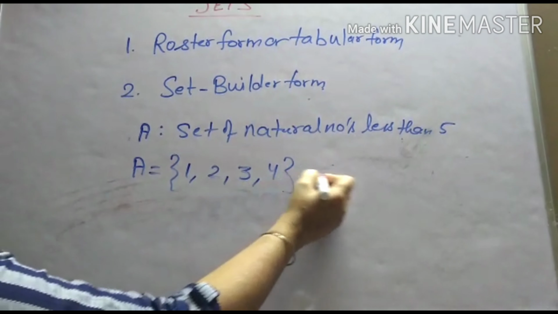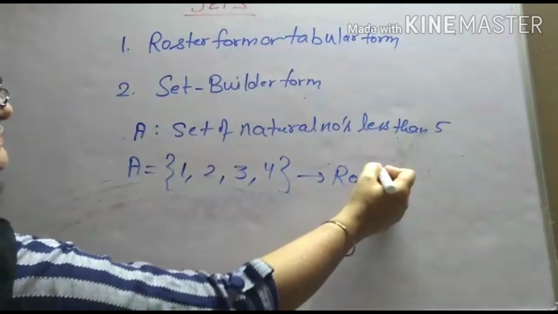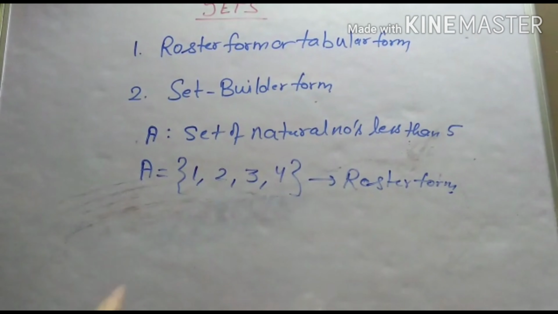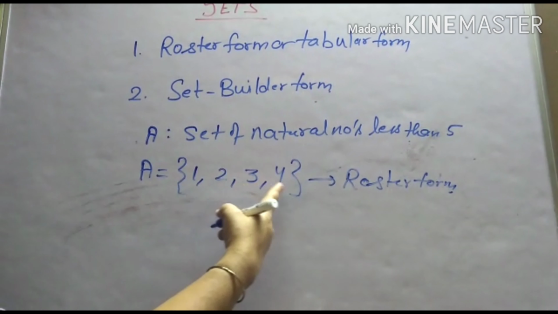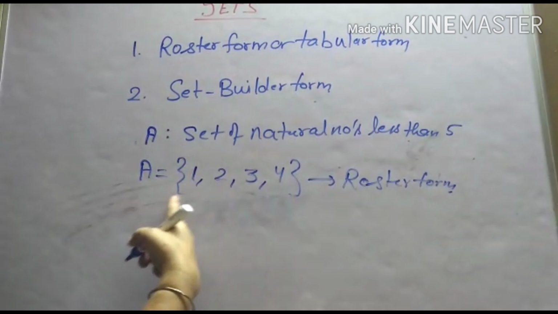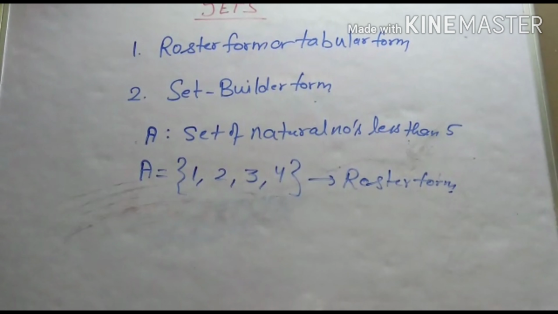So this is the roster form of a set. In roster form, each element is separated by commas and enclosed in curly brackets.